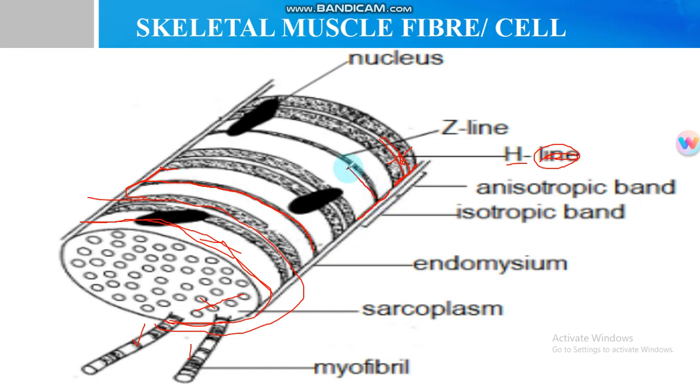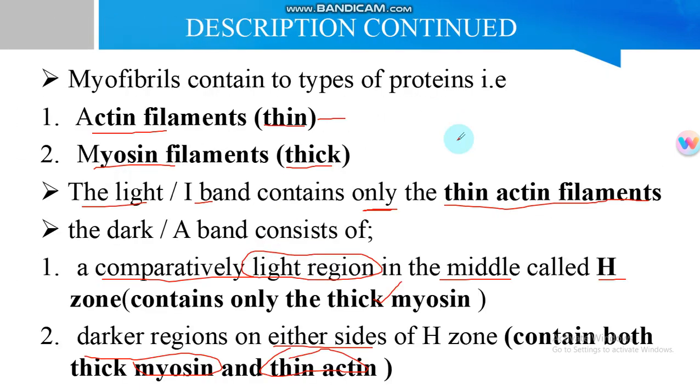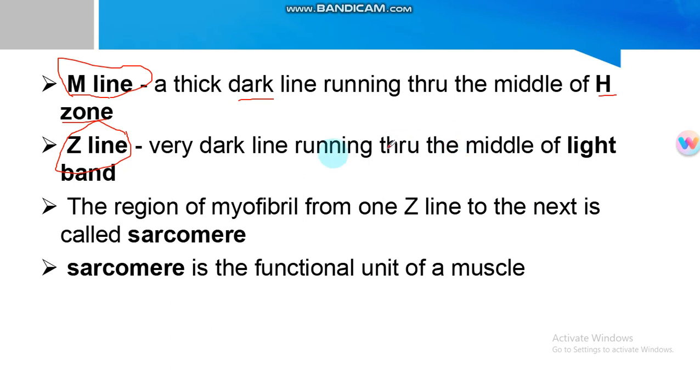But in the middle, we see this line here, the dark one. That line is called the Z line. Okay? Now, the region between two successive or two adjacent Z lines is called the sarcomere. What is the sarcomere? It's the region between two adjacent Z lines.